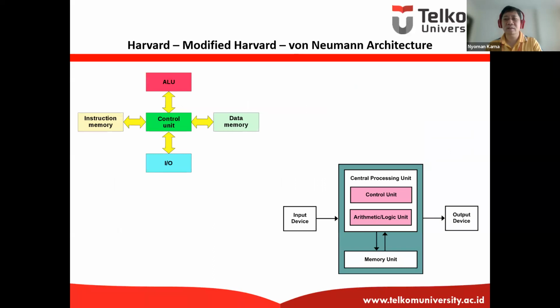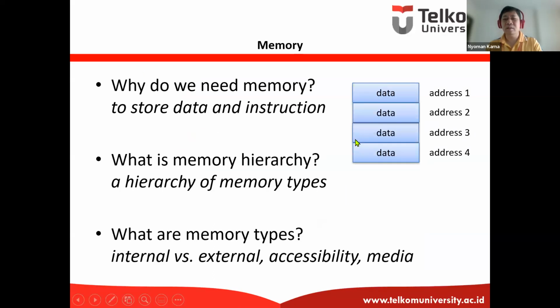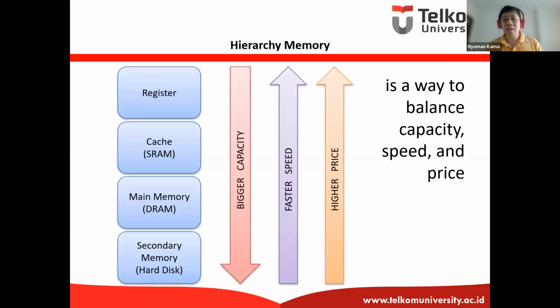This is an example of memory hierarchy. The fastest memory in the microprocessor system is the register itself, because it's the same speed as the microprocessor. And then followed by cache.